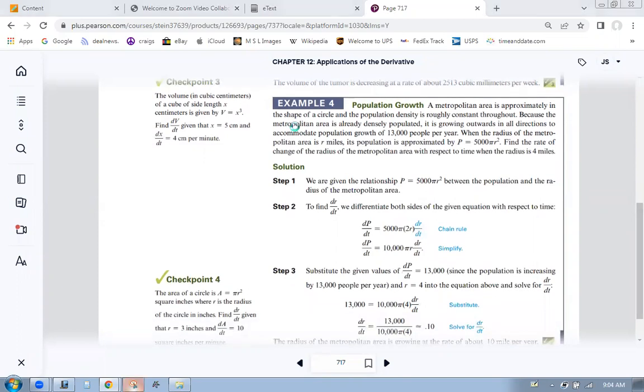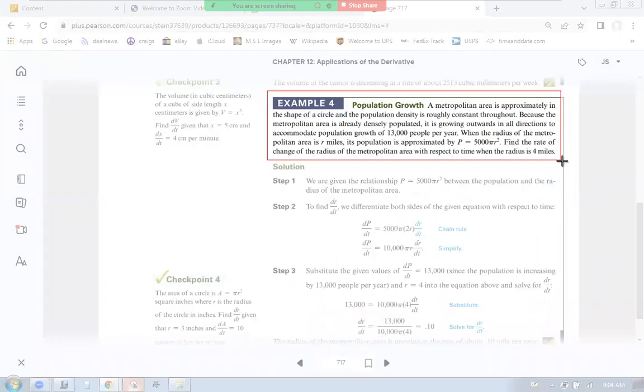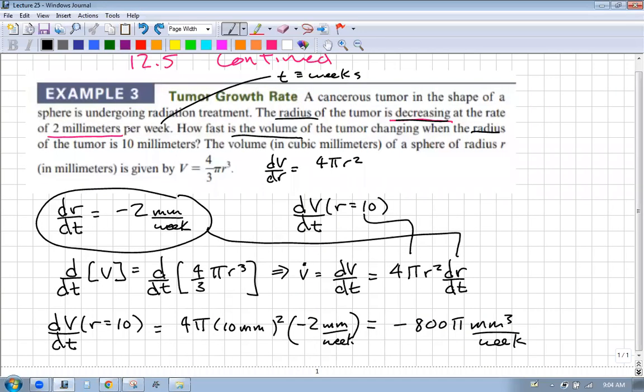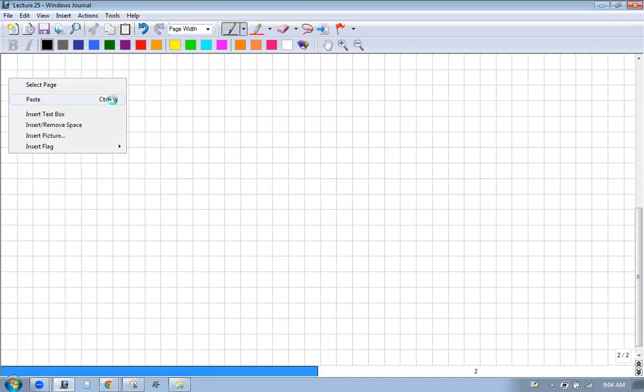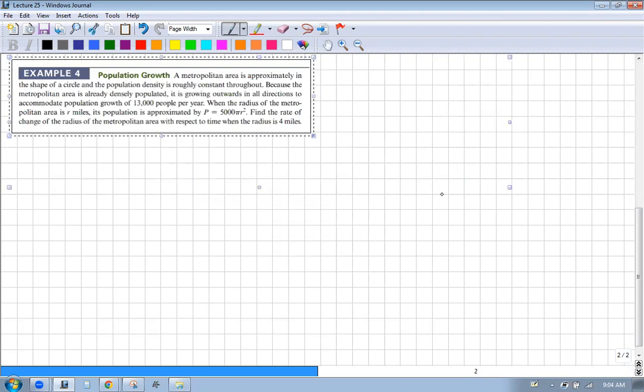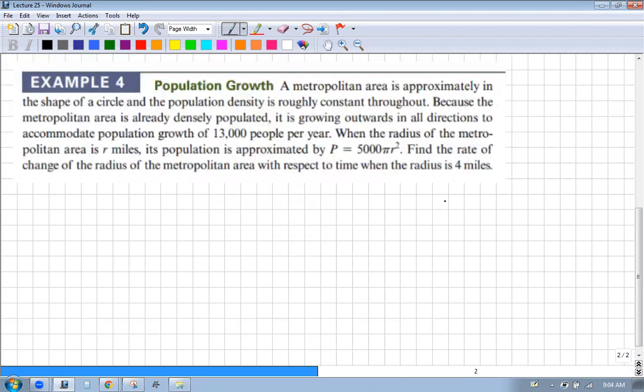Let's look at another example here. Population growth in the metropolitan area is approximately in the shape of a circle, and the population density is roughly constant throughout. So constant density, all right?